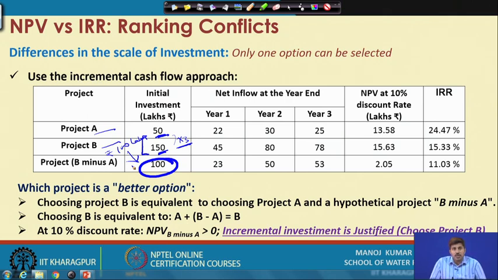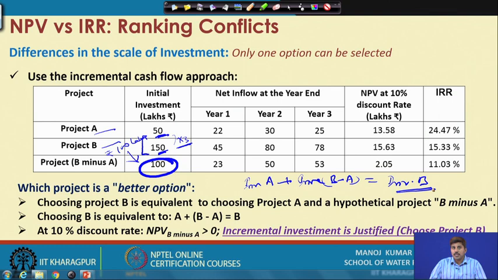That means choosing project B is equivalent to choosing project A plus project B minus A, because my investment in A plus investment in B minus A is going to be my investment in B. So, instead of just one, we carry out the project A as well as the project B minus A, and that in combination gives me this.